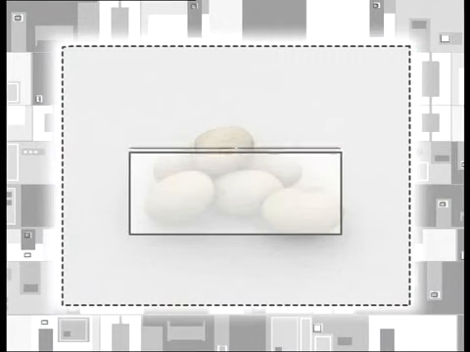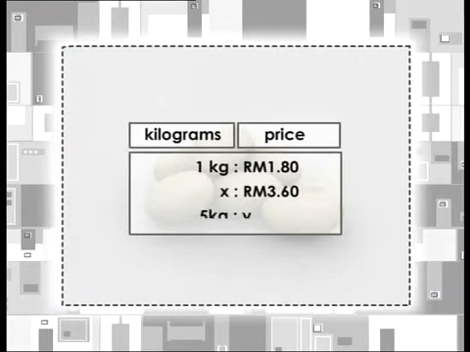The diagram shows a woman buying sweet potatoes. She pays 3 ringgit and 60 cents for the sweet potatoes. The price for every kilogram of sweet potatoes is 1 ringgit and 80 cents. Based on this information, can you determine the price for 5 kilograms of sweet potatoes?